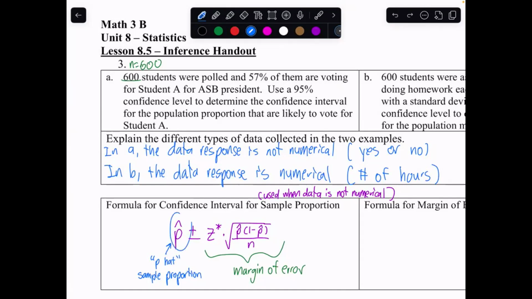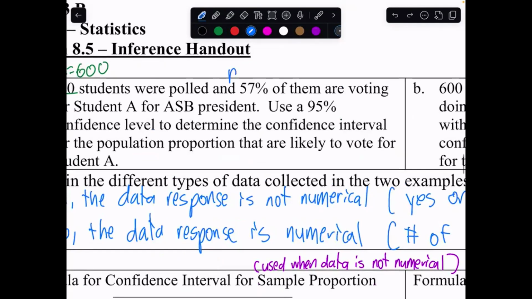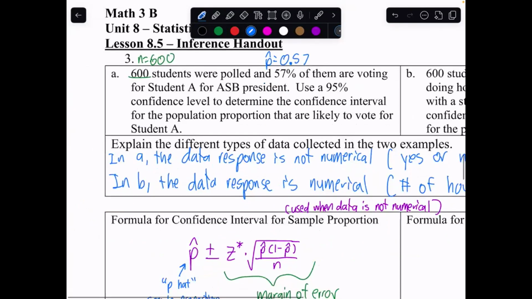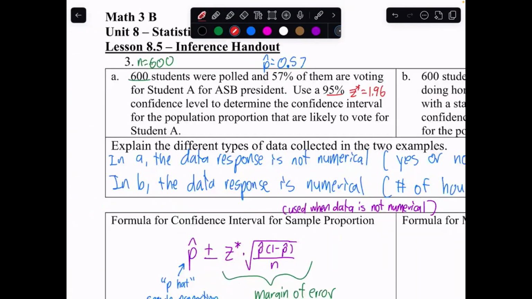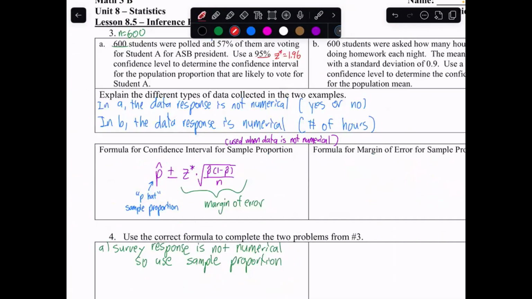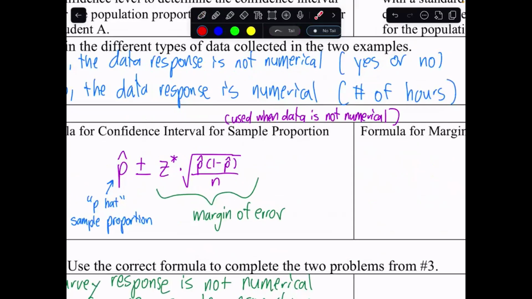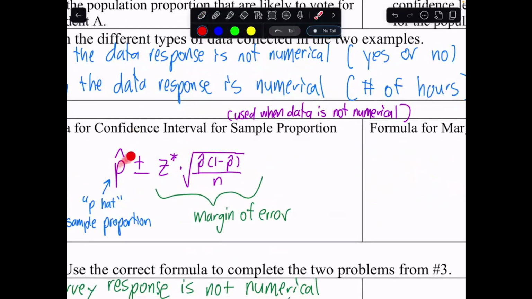This is your p hat, the sample value. 57% in decimal form would be 0.57. And again, we are using a 95% confidence level, which means that Z crit is 1.96. That's all we need, right? Those are the only three variables in the formula, and of course one is a constant. You notice p hat shows up 3 times, but it's going to be the same every time.